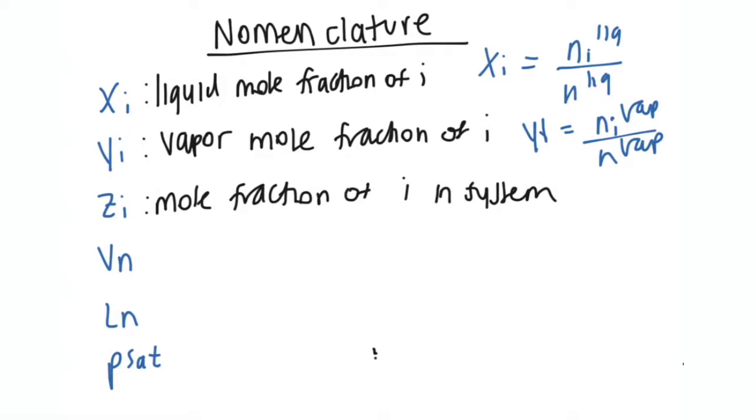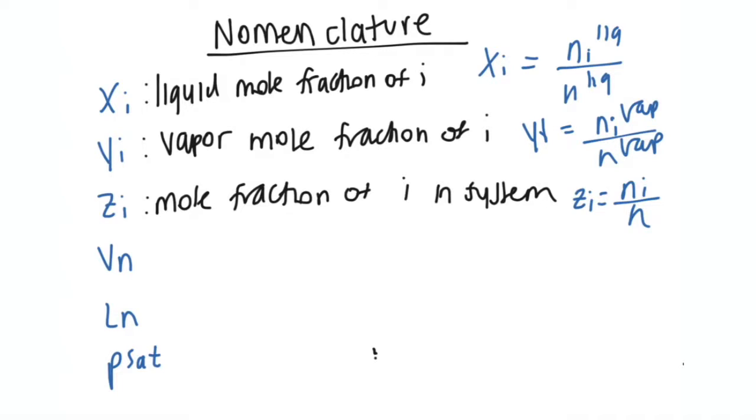Is it 0.1? Is it 0.2? Forgetting about liquid and vapor, just how much of that species is in this system. So your z subscript i is defined as z_i equal to n_i over n, n_i being moles of species i, divided by total moles of all the species in the system.